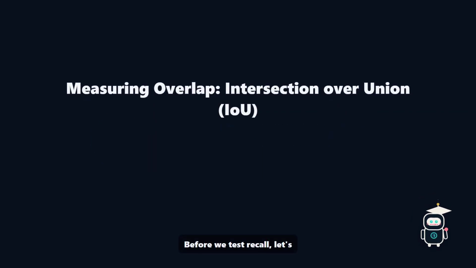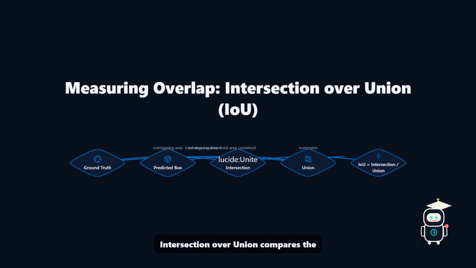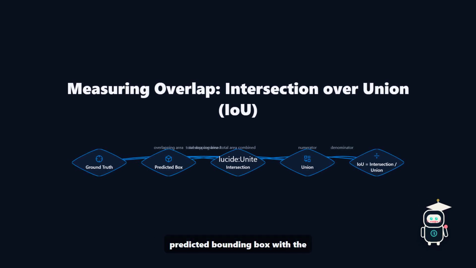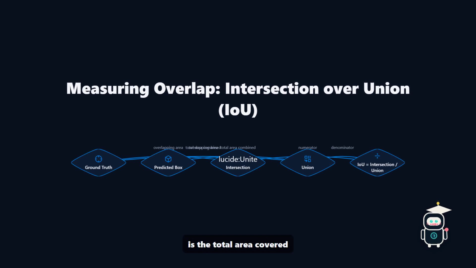Before we test recall, let's actually learn what IOU is. Intersection over union compares the predicted bounding box with the ground truth, the correct bounding box annotated by a human. The intersection is the overlapping area, and the union is the total area covered by both boxes together.